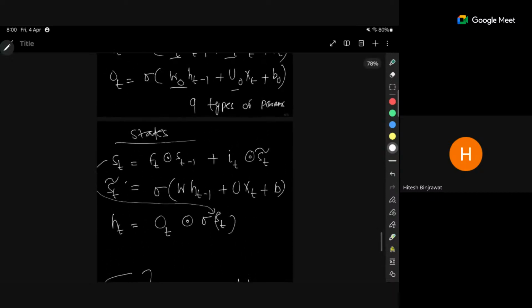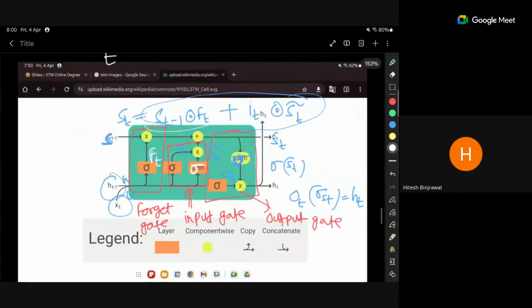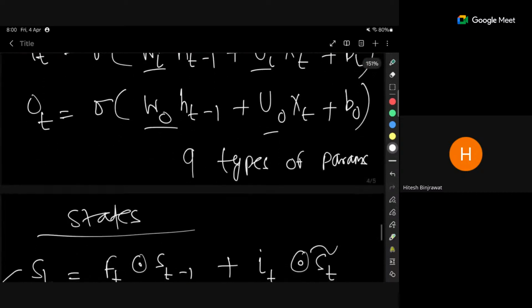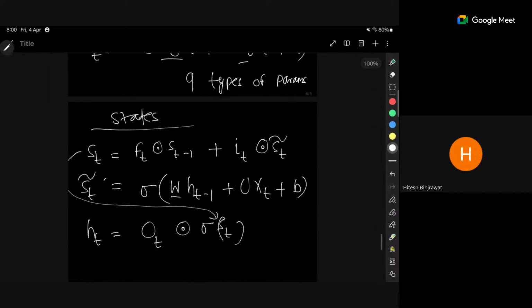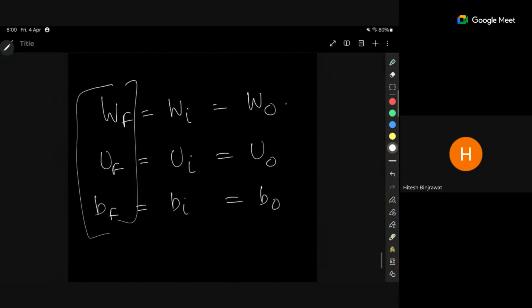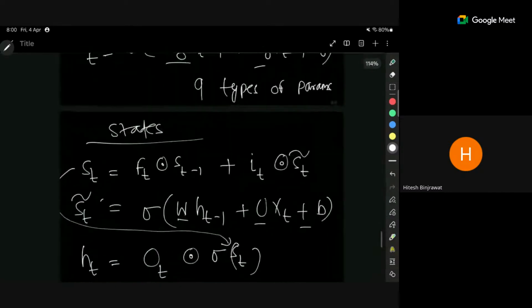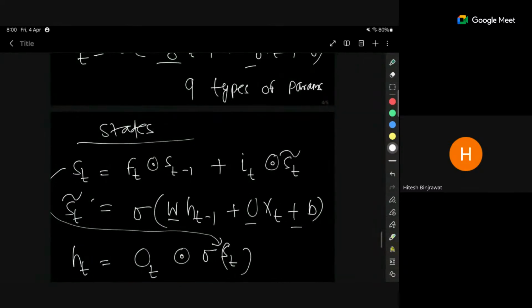Now there are some parameters in the states also. Here, this part, the W's will have the same dimensions as these. There's nothing different, because you can see they are getting the same inputs, HT minus one and XT, so there will be the same number of parameters and we'll use the same number of neurons.